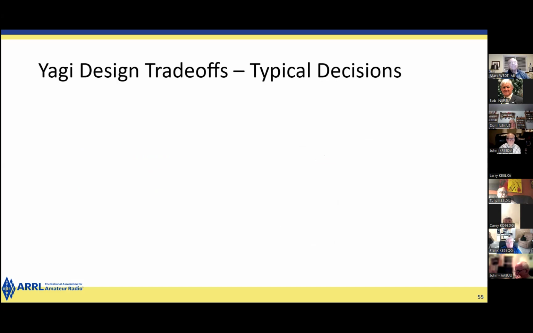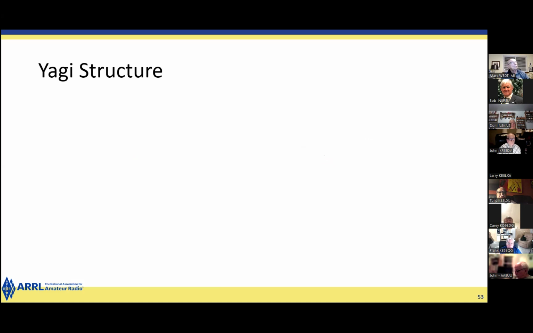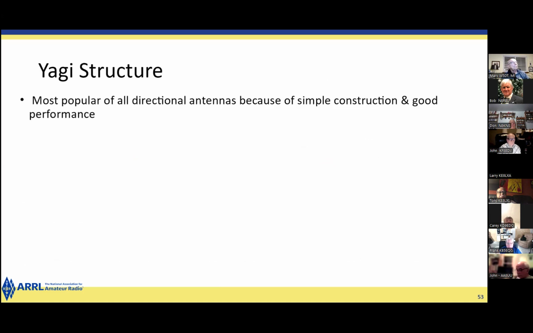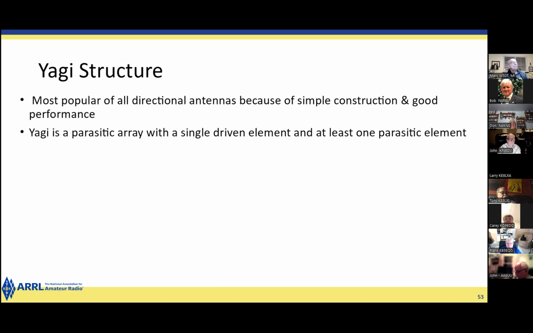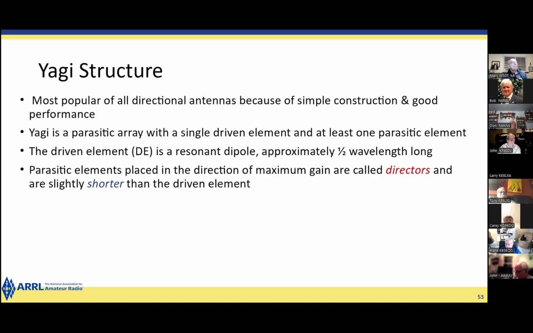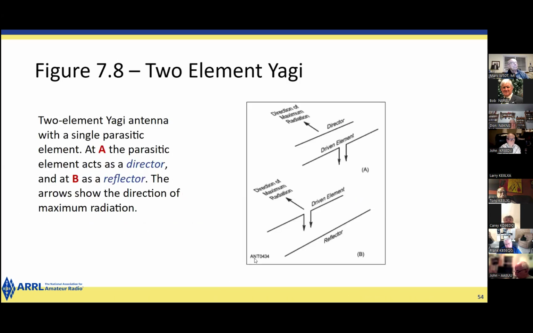If you go back to your other drawing there, the two antennas look the same. It must be the length of the elements that determines the direction of the antenna.